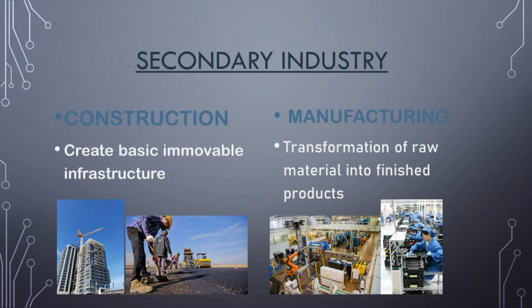These industries create form utility, which means that they change the shape and rearrange the existing things to make them more useful. For example, iron ore extracted through mining is converted into steel to make it more useful.